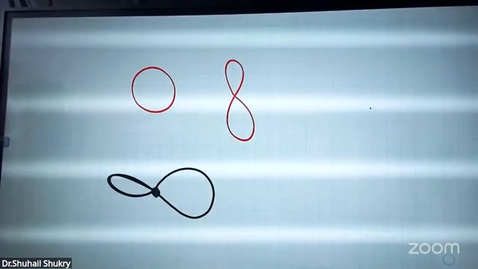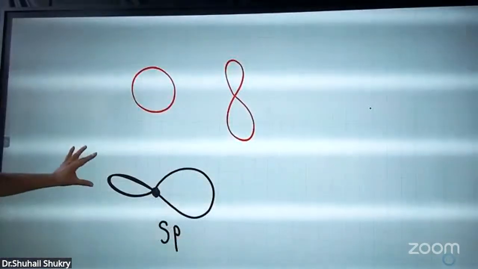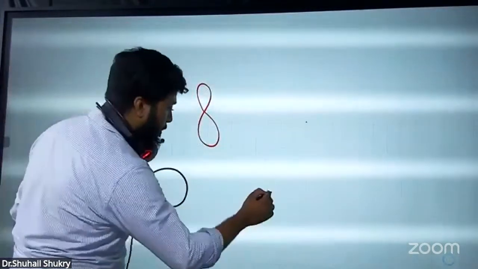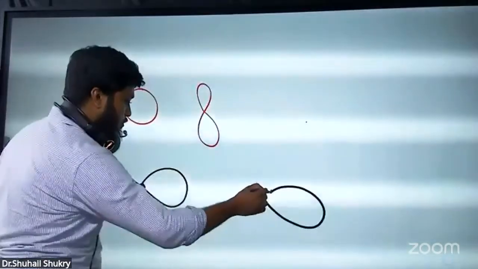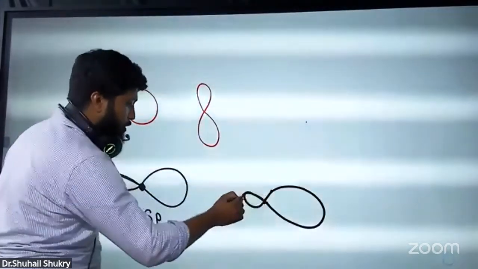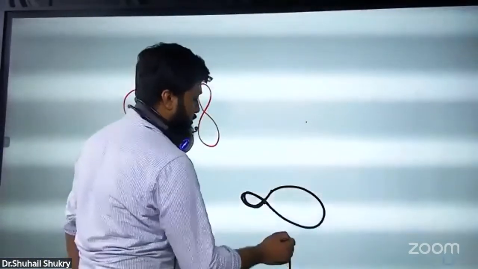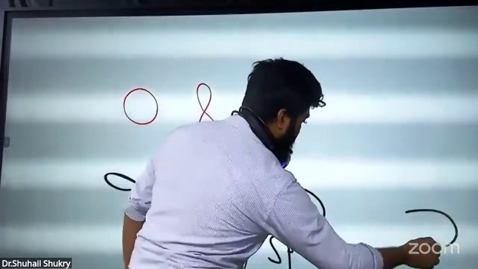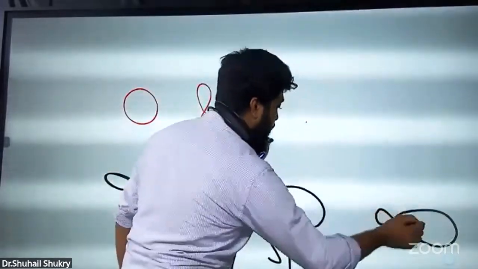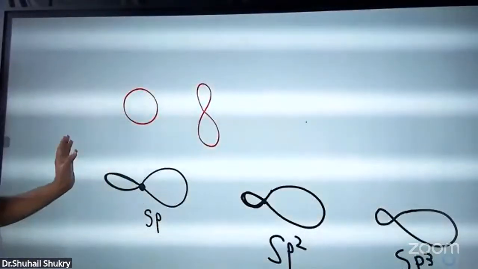When it comes to sp2, it is like this, and it reduces even more. Then if it comes to sp3, it is like this. This will be even smaller. This is sp3.